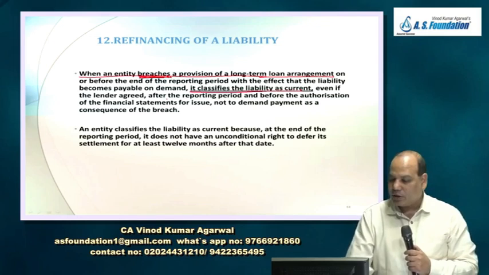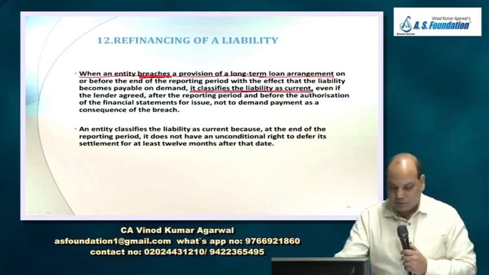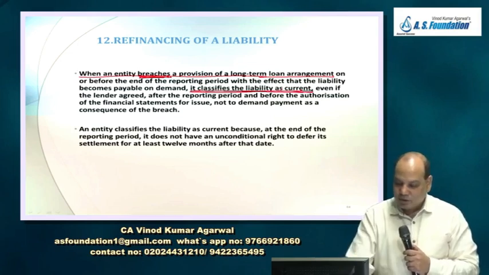Even if the lender agreed after the reporting period and before the authorization of the financial statements for issue not to demand payment as a consequence of the breach. Underline. Is it right? I have done it for you. Why am I emphasizing this paragraph?